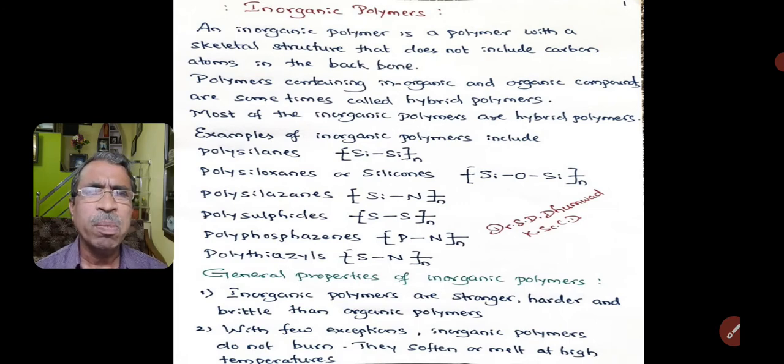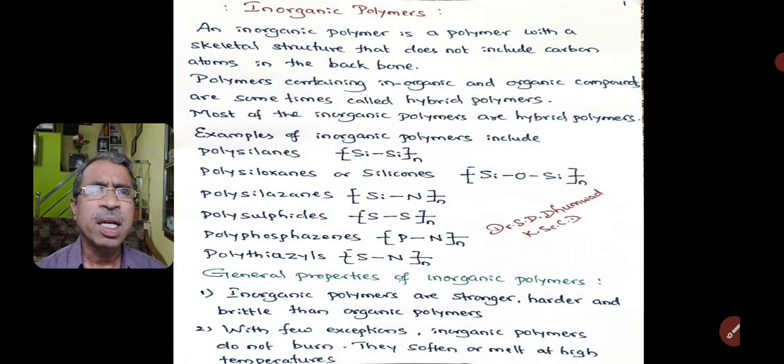Then we have polysilazanes. These have a silicon-nitrogen backbone, and polysulfides have a sulfur backbone. Polyphosphazenes have a phosphorus-nitrogen continuation. Polythiazyls have a sulfur-nitrogen chain.